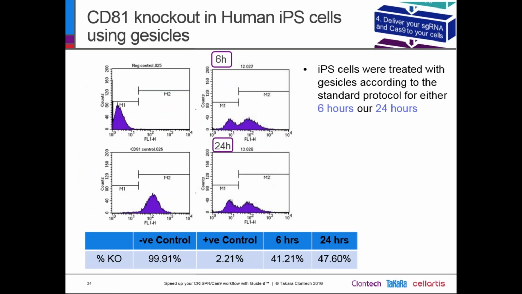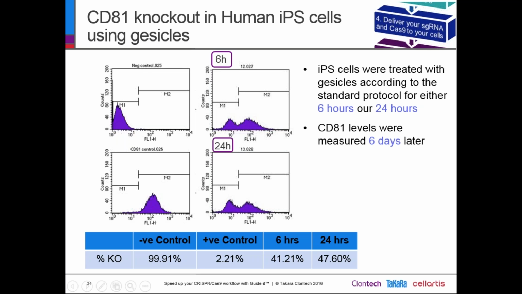Our R&D has also successfully knocked out the CD81 gene in human iPS cells using Gesicle delivery. Here we have simply incubated the iPS cells according to the standard protocol, but with a bit longer incubation, so 6 or 24 hours, whereas the standard protocol is a minimum of 4 hours incubation.